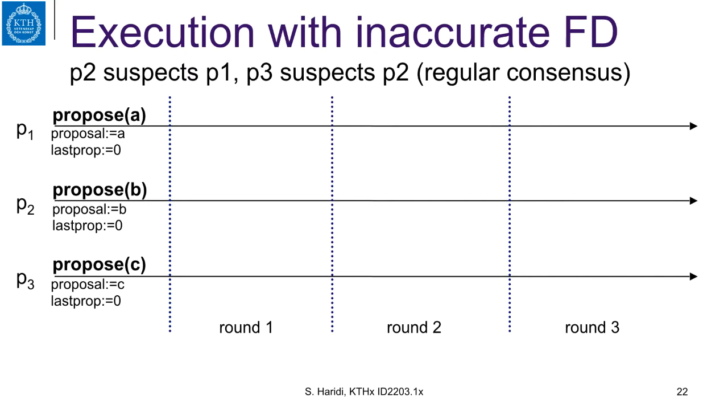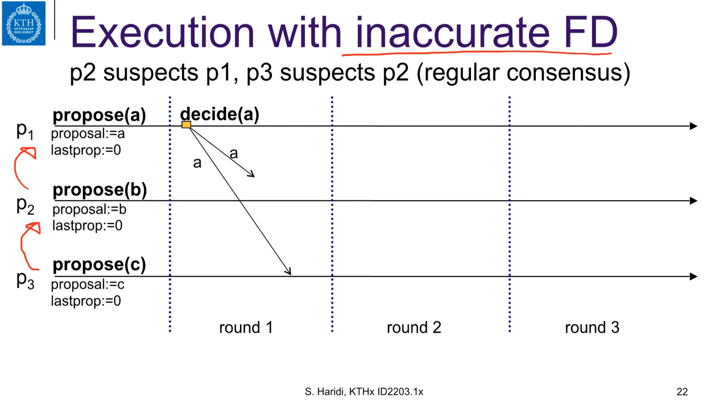Let us now look to an execution where instead of having a perfect failure detector, we have an inaccurate failure detector, which can suspect correct processes. So here is our scenario. P2 suspects P1 and P3 suspects P2. So P1 decides here.